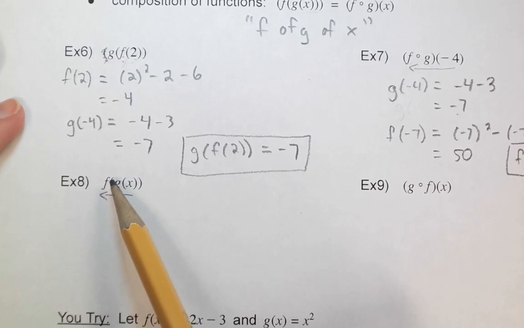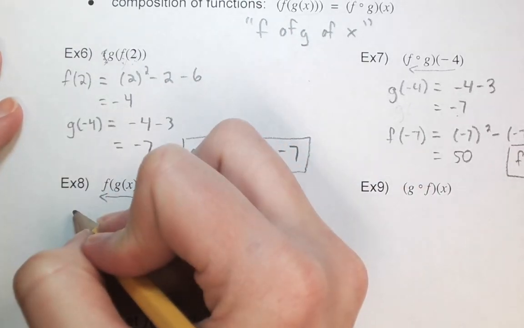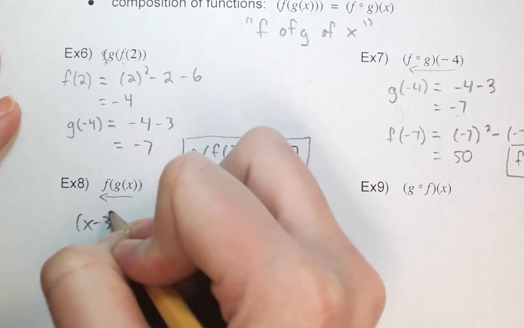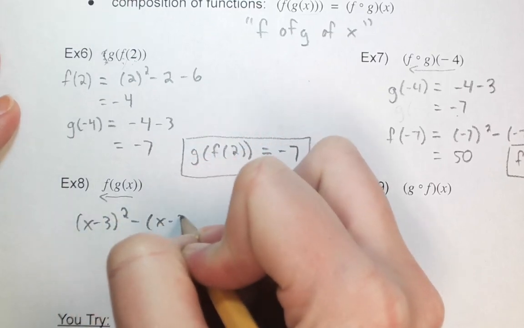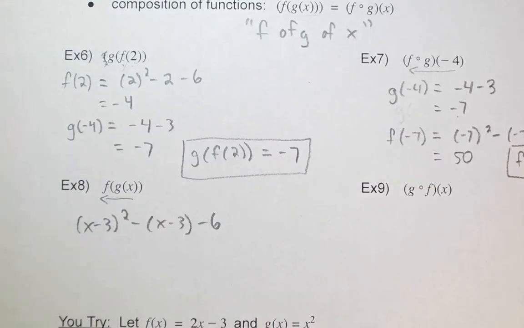So g was x minus 3. So this is going to become x minus 3 squared minus x minus 3 minus 6. That is just substituting in an x minus 3 for all the x's in the f function.